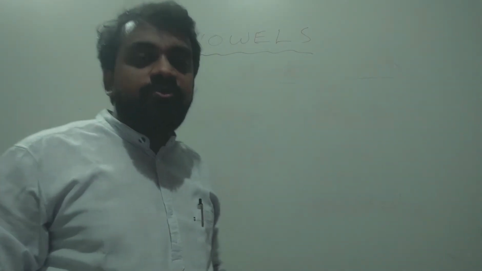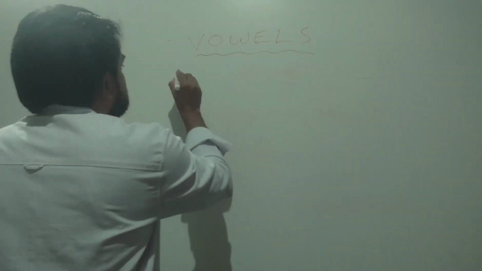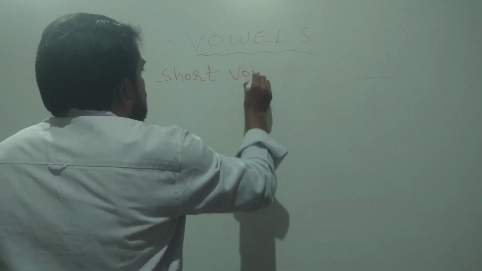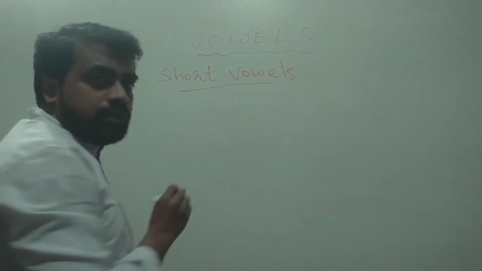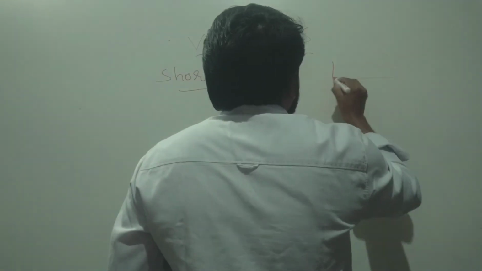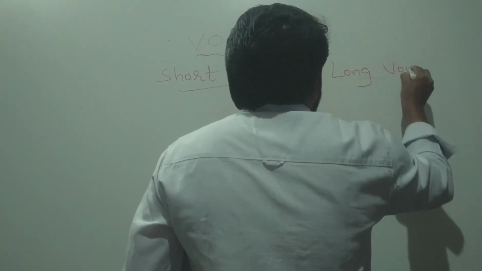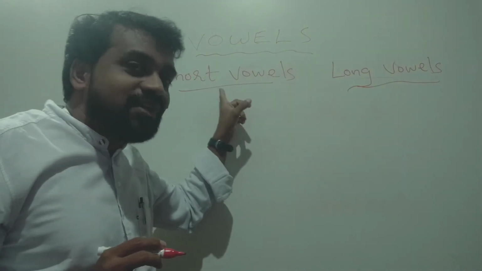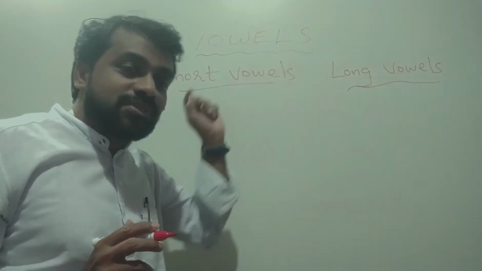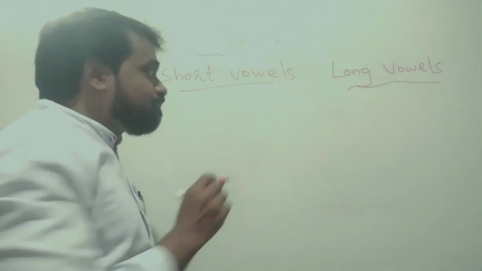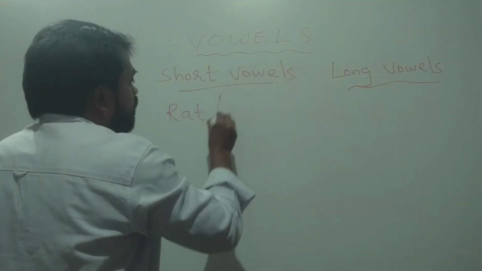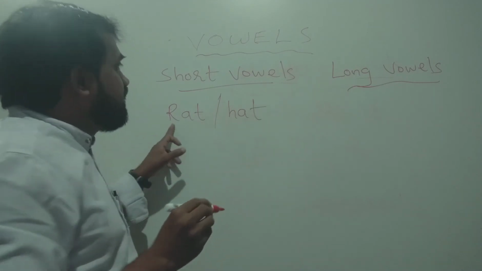Now, if you want some more examples like that, you can take note. Some more examples for short vowels and long vowels. See here, short vowel sounds like rat or hat.